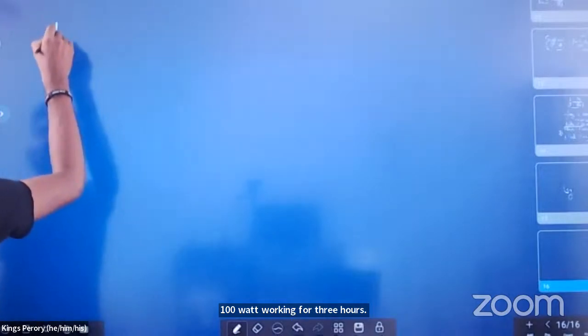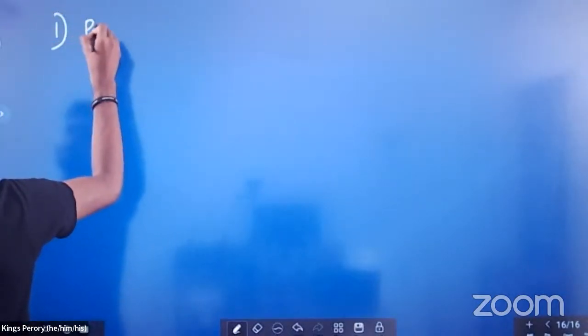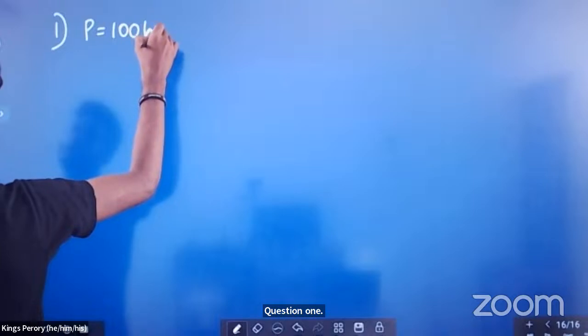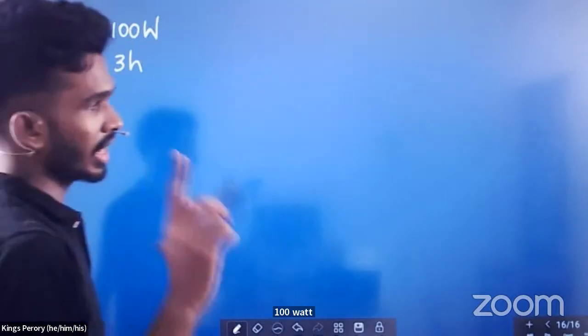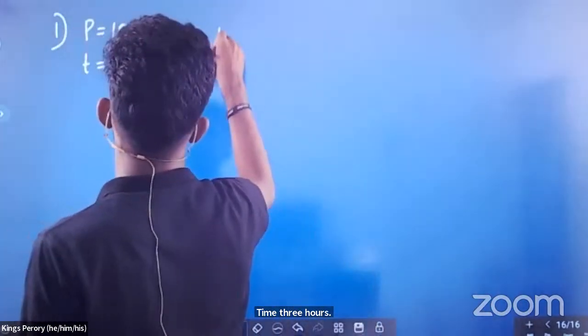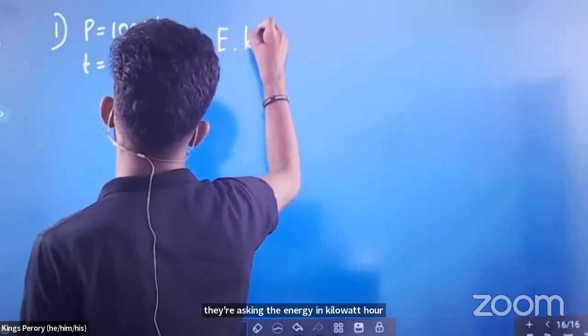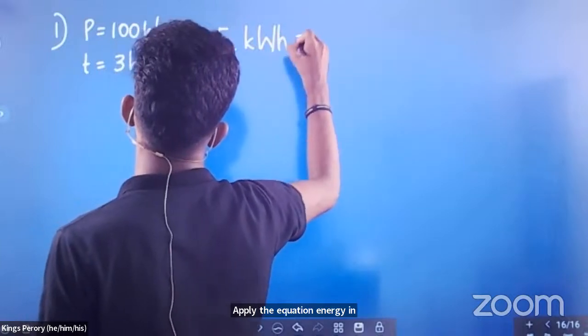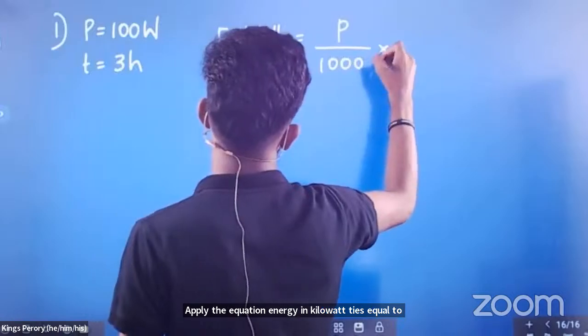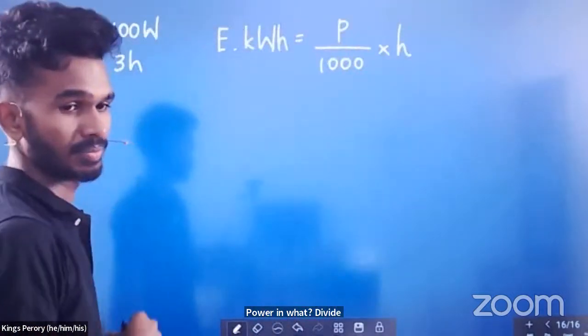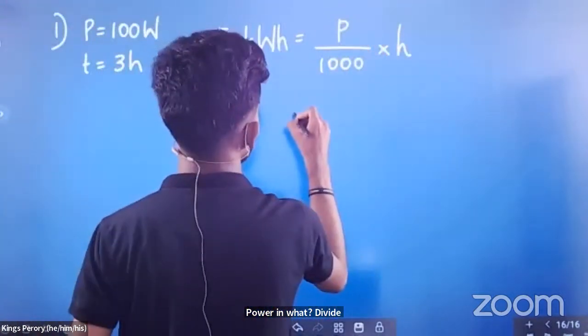Right. Question 1. Power 100 watt, time 3 hours. They're asking for the energy in kilowatt hour. Apply the equation: energy in kilowatt hour is equal to power in watt divided by 1000, multiplied by number of hours. I wrote it in short form.